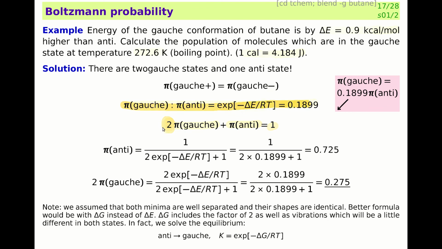We have two equations with two variables. For example, the first equation can be rewritten this way, and we can insert this for the gauche here, and the result is here for the anti. And sorry, the probability of any of the gauche states is this, that is the same as we have here, and it is here numerically, and this is the result.